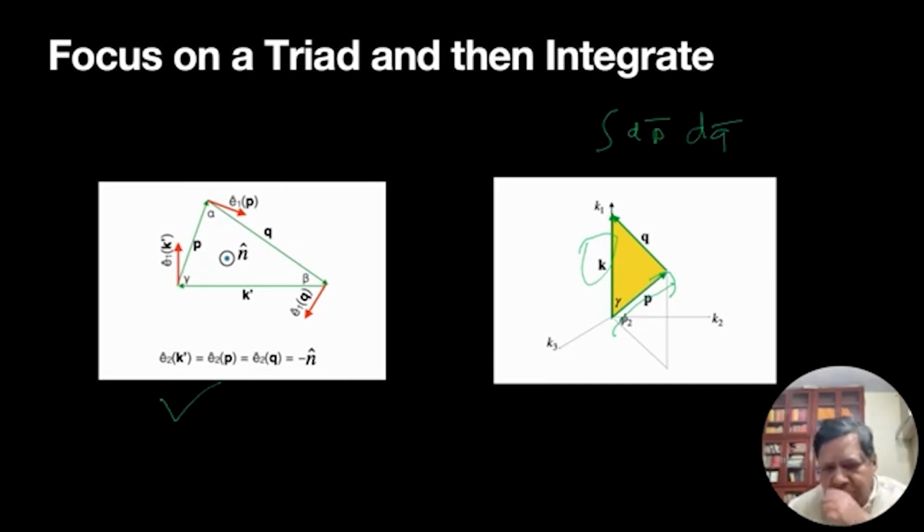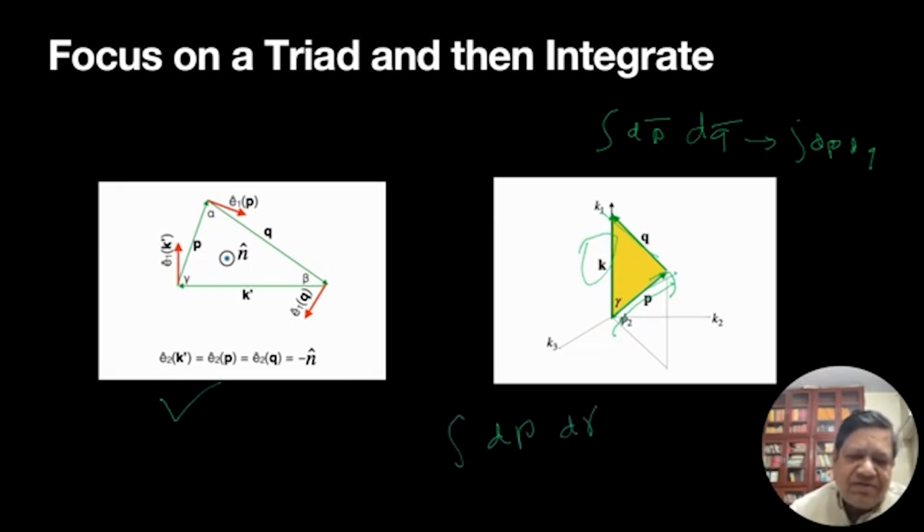But in this presentation, we are going to change our stance. By the way, this will involve the integral dp dq, where dp is the magnitude. Once I fix the magnitude of p and the magnitude of q, my triangle is fixed. In this presentation, we will use dp d gamma. Once I fix the angle gamma and p, then q is fixed. So it turns out this is easier to handle.